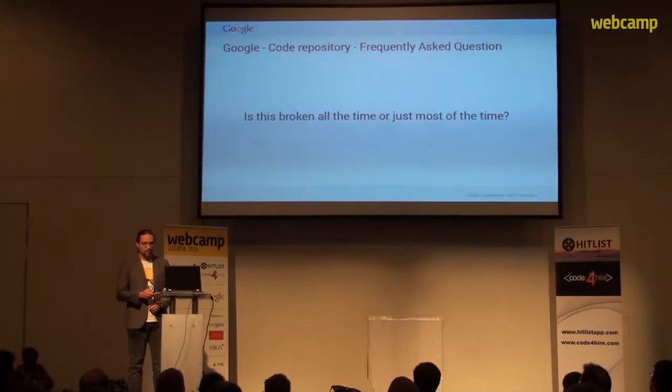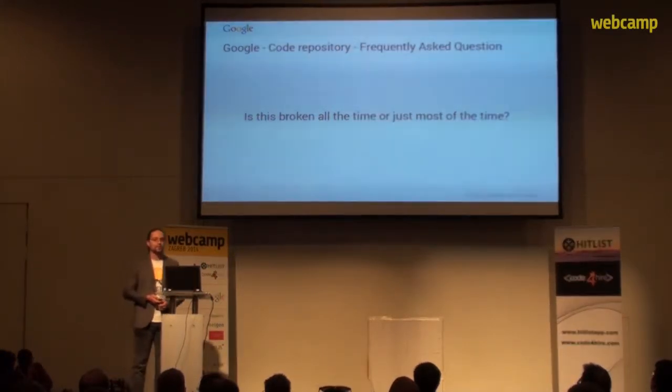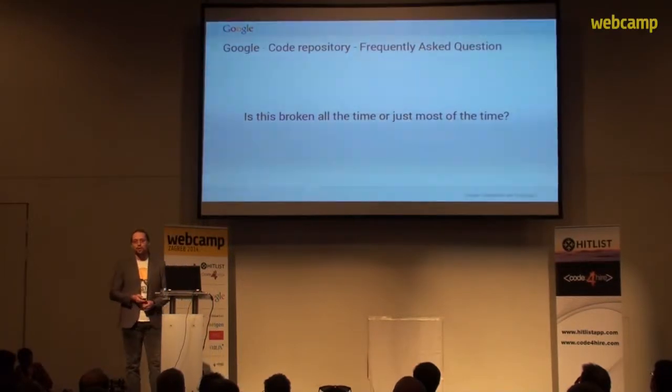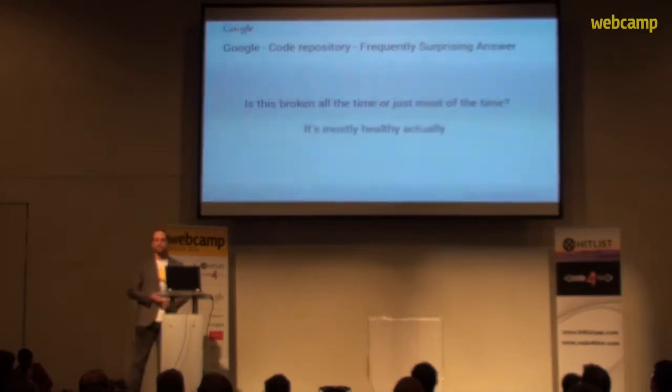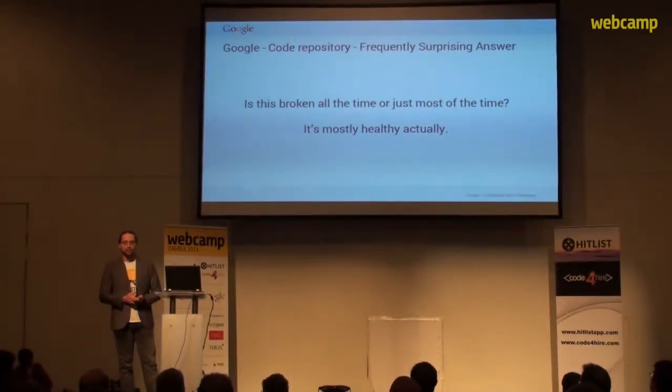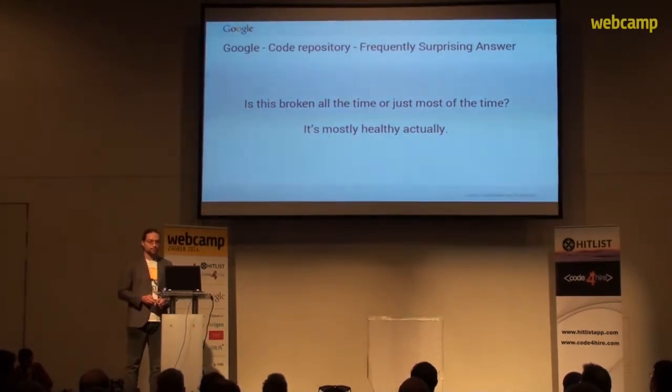Another question people then ask very often is whether this is broken all the time, or just most of the time. The surprising answer is that the code base is mostly healthy. Most of the time you should be able to check out any bit of the code base, compile it, all the tests should pass, and it should work.